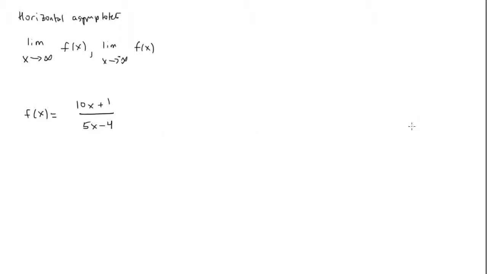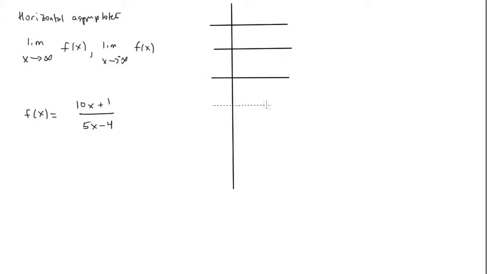So what I'm going to do here is make a quick little table, and we're just going to compute a bunch of values and see what happens. So I'm going to put x on one side and f of x on the other, and then we're just going to compute a bunch of stuff.